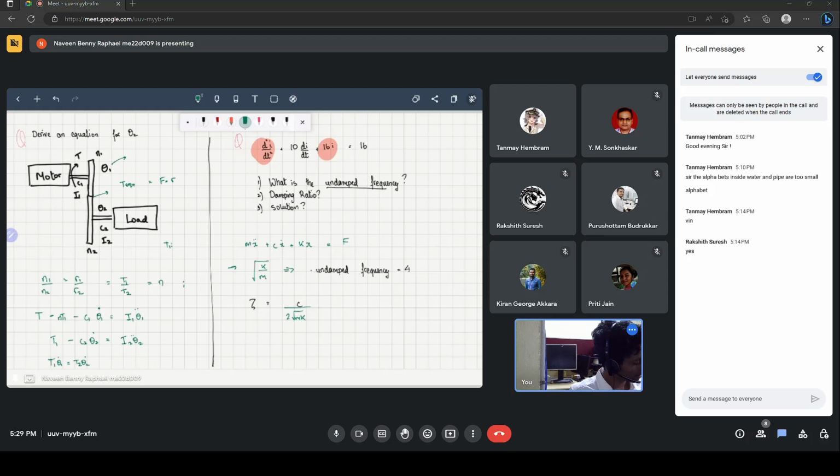So for the same question, we'll just substitute the values. C is 10 and 2 root mk is 2 times square root of 16, so that's like 1.25.